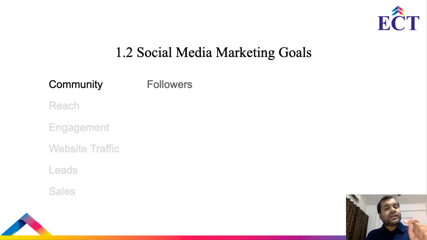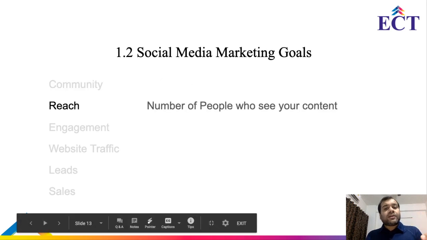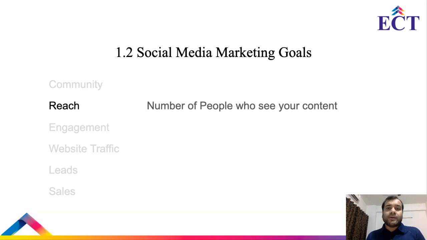So you set a target in terms of the community, then you target the number of people who will see your content. On social media the number of people who see your content is always higher than your followers. So if you have 10,000 followers, the people who will see your content would be 50,000, 60,000, even more than that.